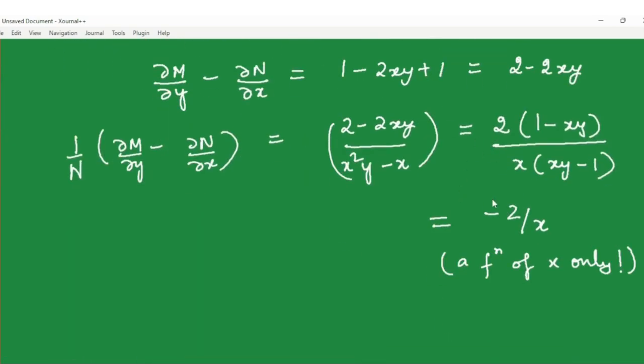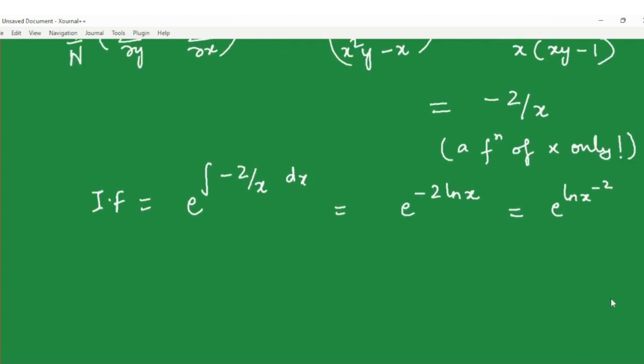It's just a function of x, and according to the rule, our integrating factor this time will be e to power integral of this function which has appeared here. We know that the integral of minus 2 by x is minus 2 log x, and by using the property of logs, this minus 2 goes here as a power.